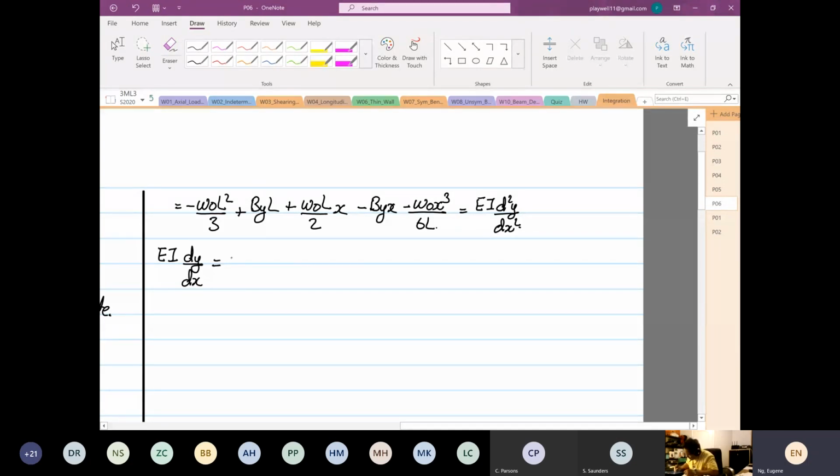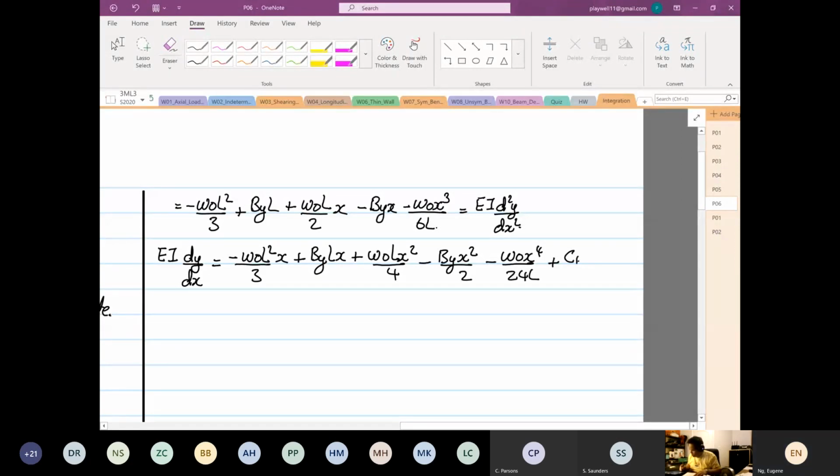So you have minus omega naught L squared over 3 x plus By ByLx plus By omega naught Lx squared over 4 minus By ByX squared over 2 minus By omega naught x to the 4 over 24L. Then you now plus By C1.